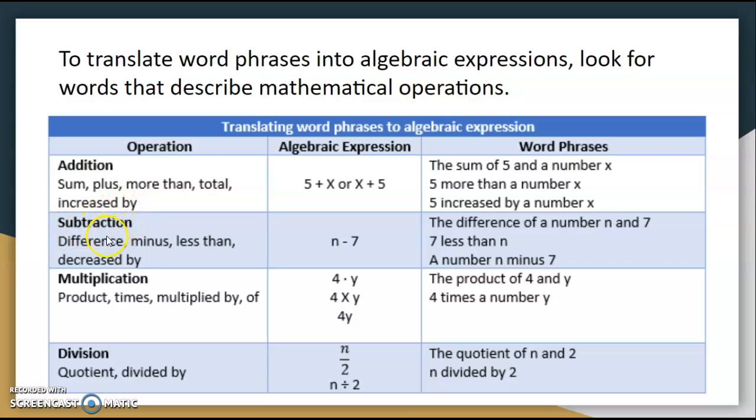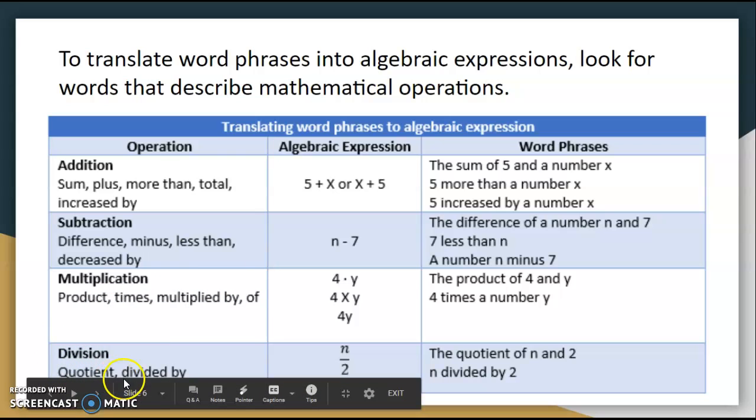Subtraction, the most common, are difference, minus, less than, and decreased by. And for multiplication, product, times, multiplied by, and of. And for division, quotient, and divided by. And these are the more common names that you'll see used for each operation. There are definitely more, but these are the most common ones that we'll see.